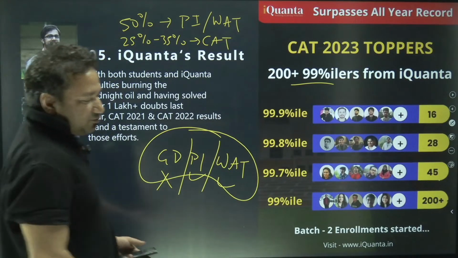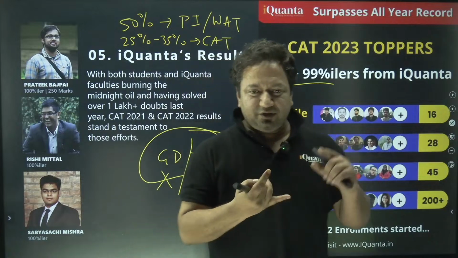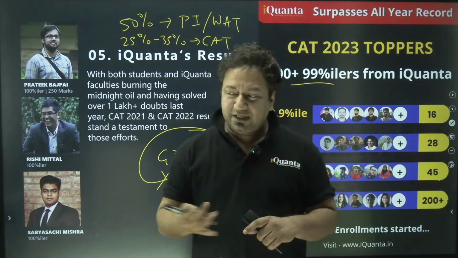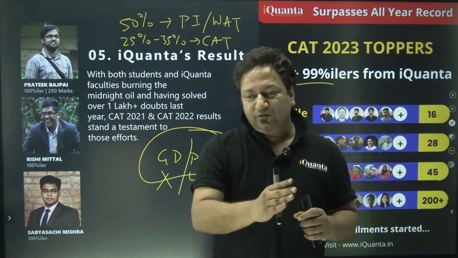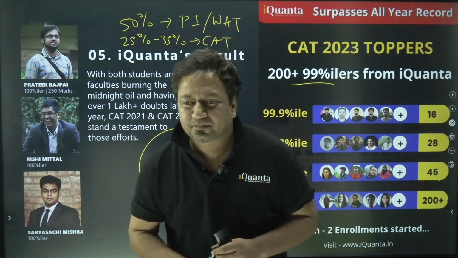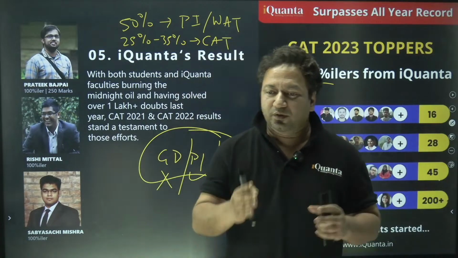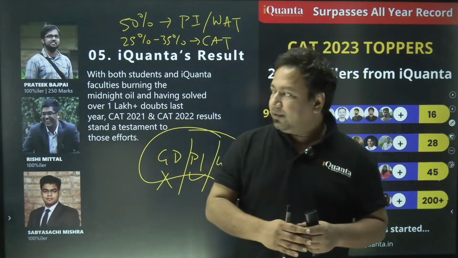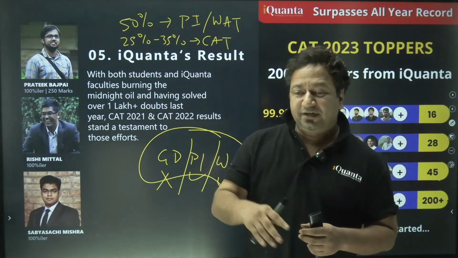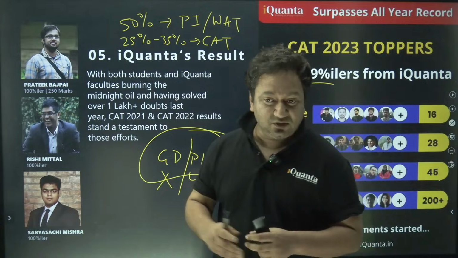And the remaining is your profile. Profile includes your 10-12 percentage, graduation percentage, academic diversity. That means engineers, non-engineers will get extra marks. Females will get extra marks. So this is academic diversity, gender diversity, and then work experience has got 5 marks in total.